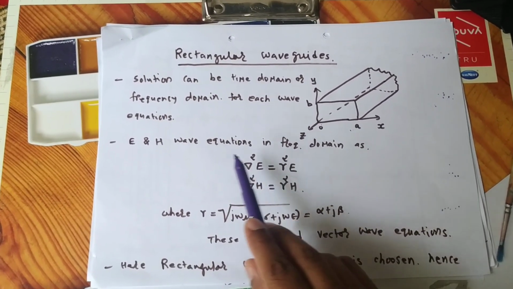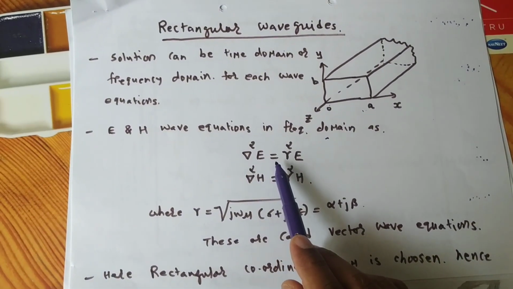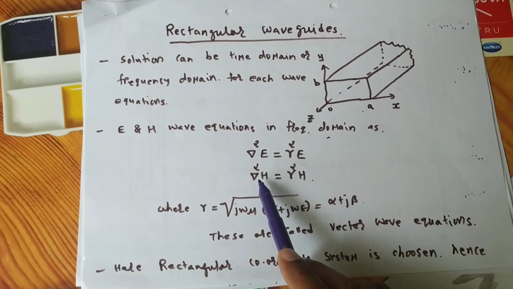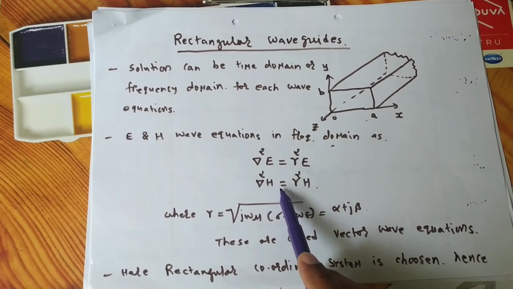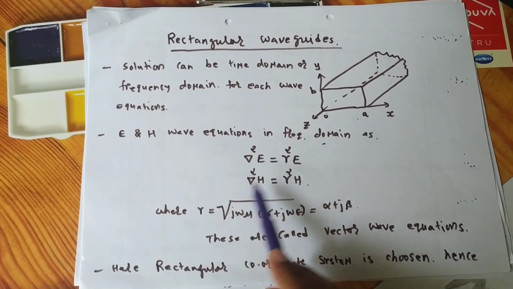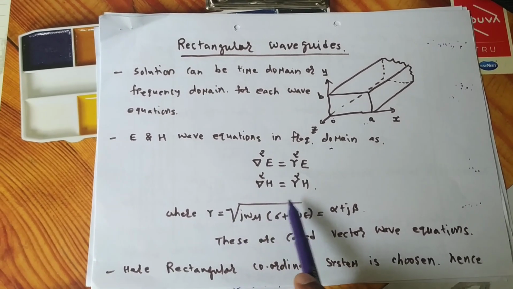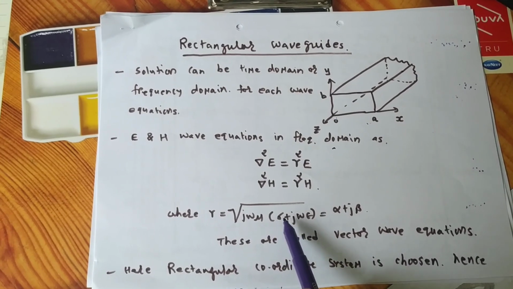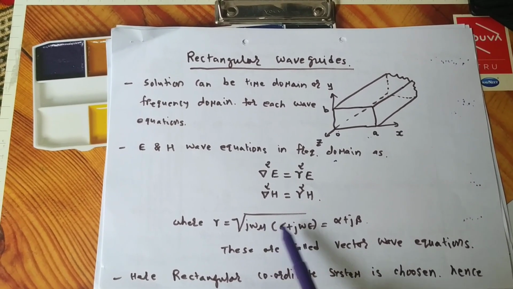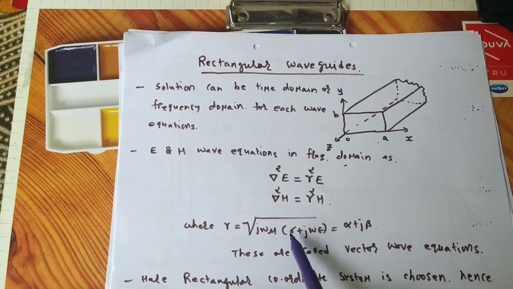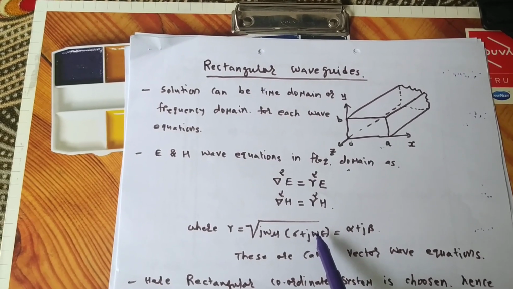I can write the E and H wave equations in frequency domain as del square E equal to gamma square E, and the magnetic field intensity equation as del square H equal to gamma square H, where gamma is the propagation constant, equal to the square root of j omega mu times (sigma plus j omega epsilon), where mu and epsilon are the permeability and the permittivity respectively, sigma is the conductivity of the medium, and omega is the angular operating frequency.